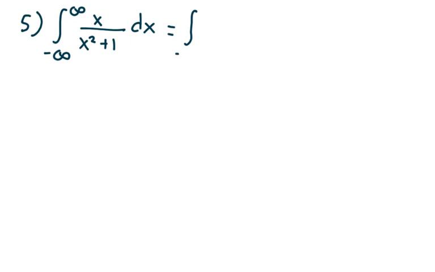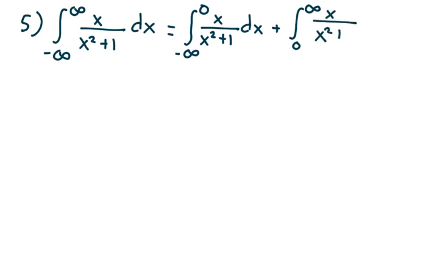So we're going to go from negative infinity to 0 of x over x squared plus 1 dx plus the integral from 0 to infinity of x over x squared plus 1 dx.